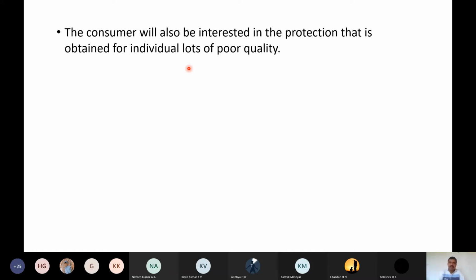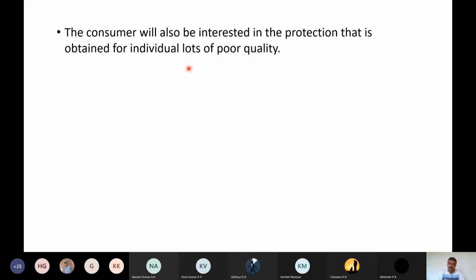Suppose there may be a few lots where the number of defectives in that individual lot may be more than the average. Then you may want to reject that lot, or you may want replacement for those defective components within that lot.